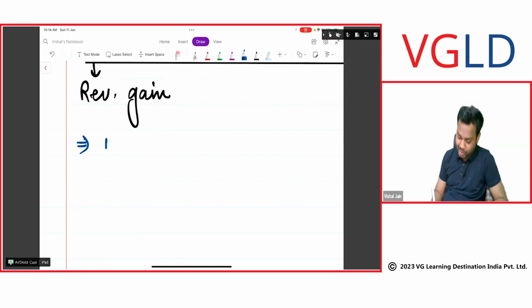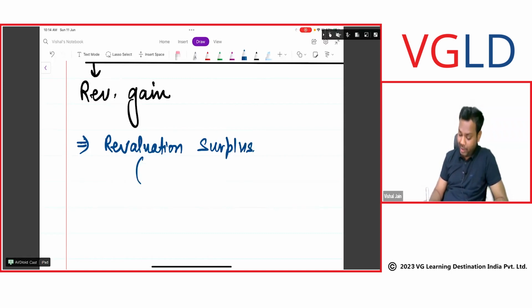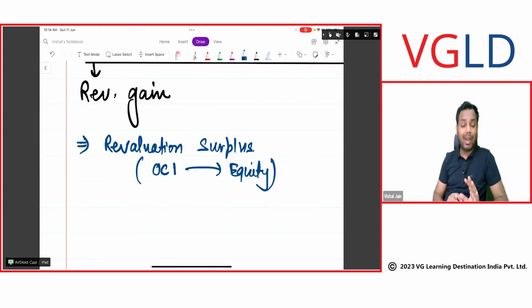It will be recognized in revaluation surplus, which is first recognized in other comprehensive income and then becomes a part of equity. If it is a revaluation gain, I will record it here.